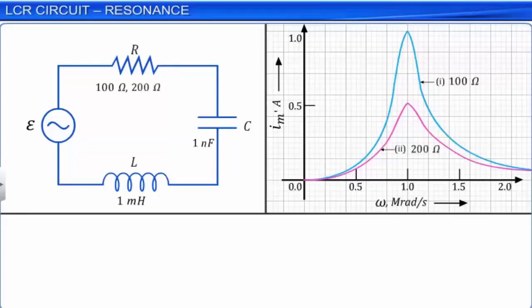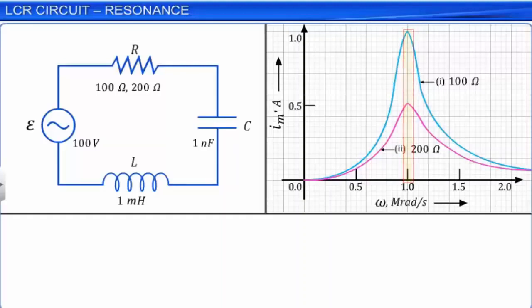The amplitude of the source voltage Vm is taken equal to 100 volt. For the given set of values of L and C, we find that the value of omega naught is equal to 10 power 6 radian per second, which is equal to 1 mega radian per second.